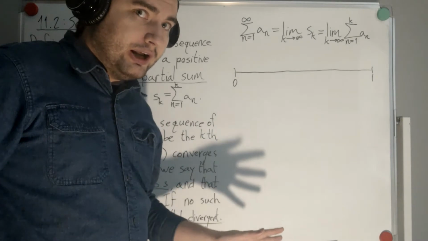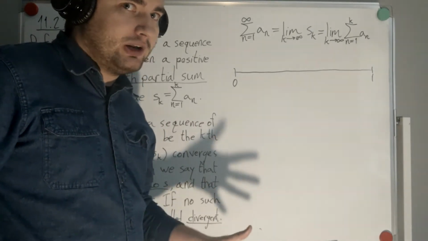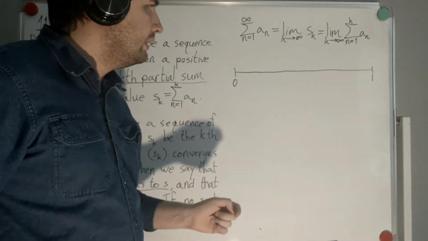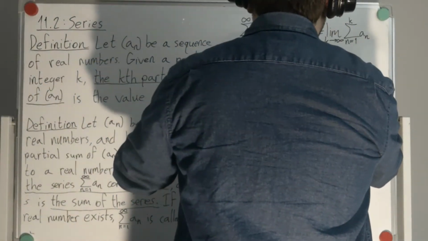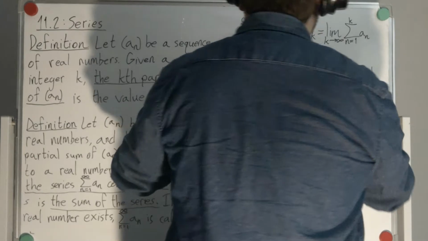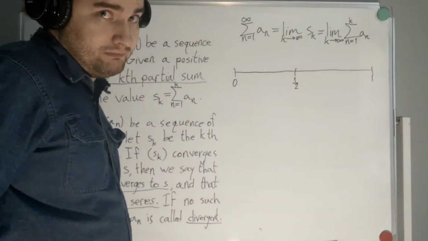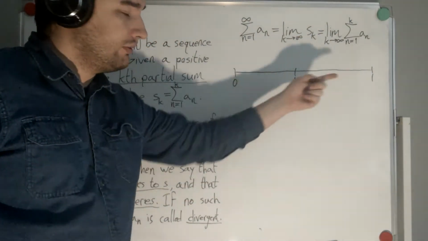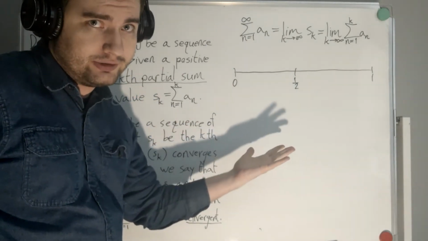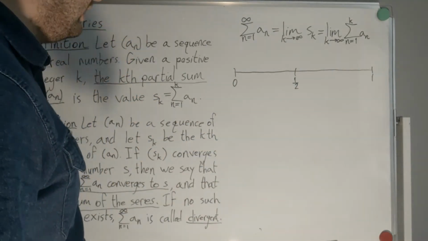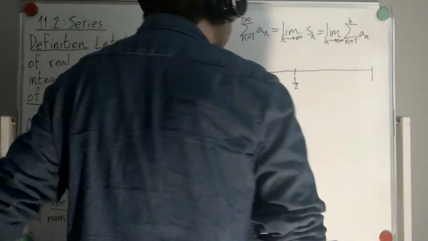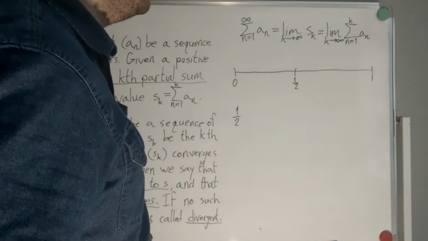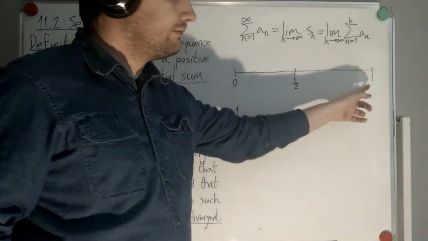But now, if you wanted to move from 0 to 1, well, first you'd have to move from 0 up to 1/2. Right? You can't get from here to here without going through 1/2 first. And that's going to take you 1/2 of a second. So then your goal is to get from 1/2 to 1.